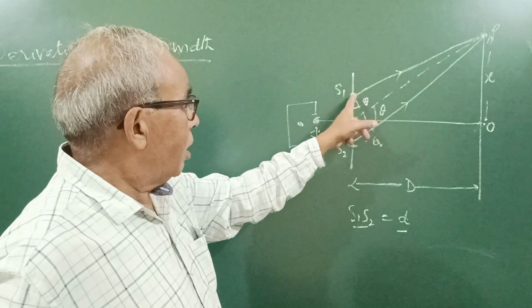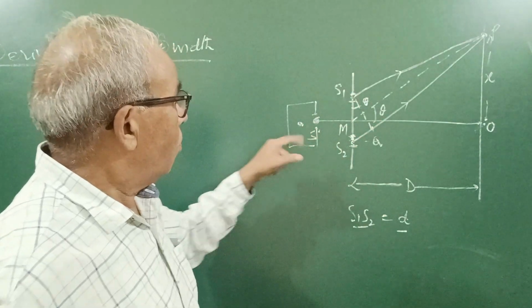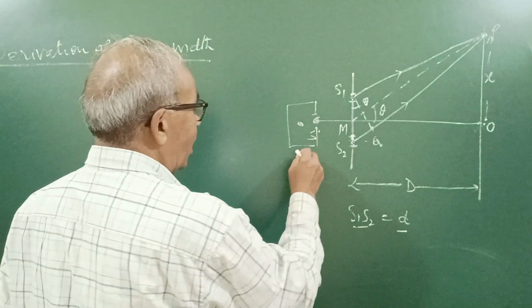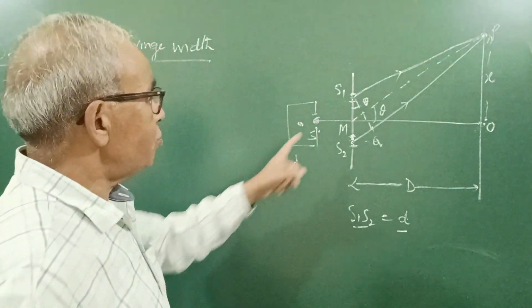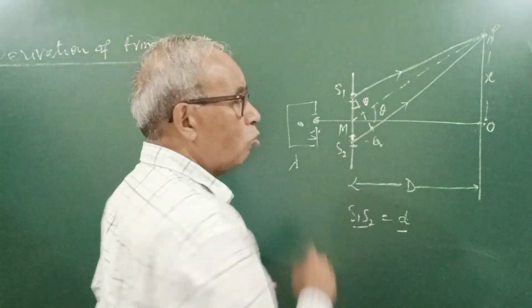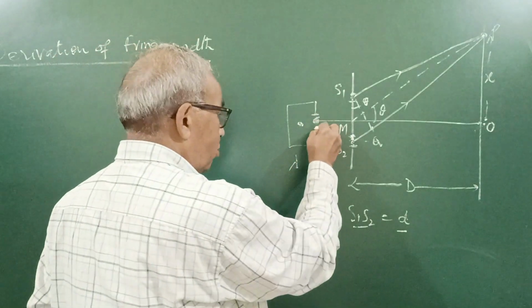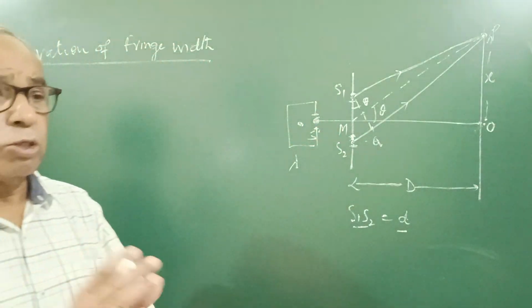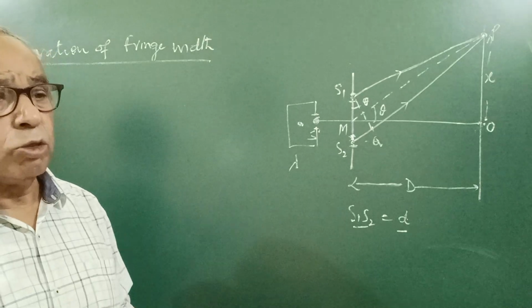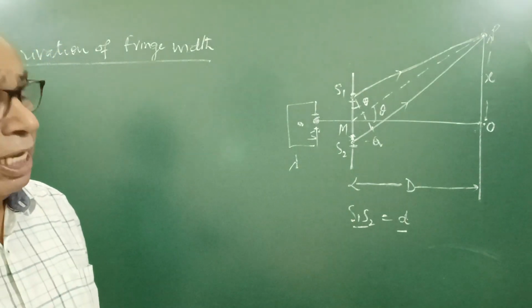I have here S1 and S2, two narrow sources which are illuminated by a monochromatic source of light emitting light of wavelength lambda. The two slits become two monochromatic sources. Why? Because a single source emits light with changing phase.